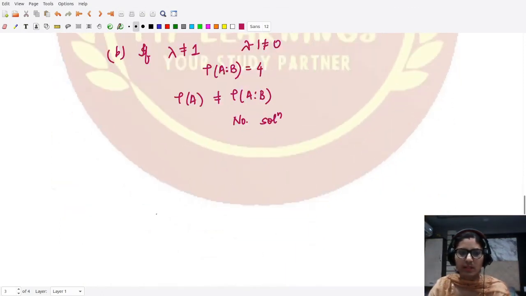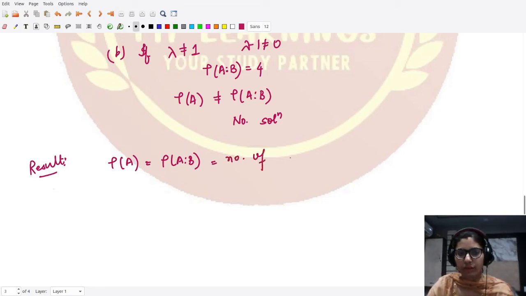Why? Because we have this result that whenever the rank of A is equal to the rank of AB and further they are equal to the number of unknowns, in that case we have a unique solution, right?